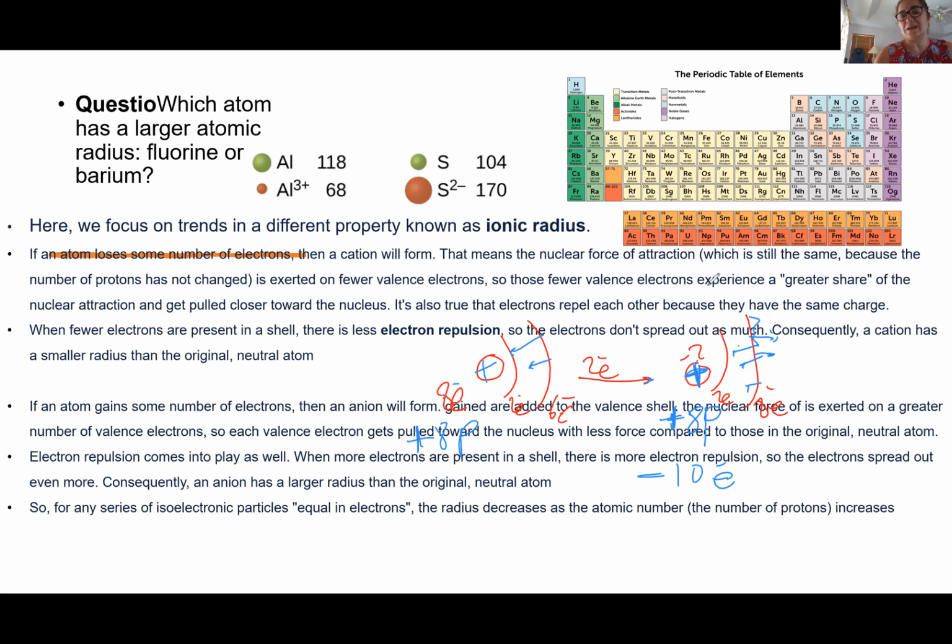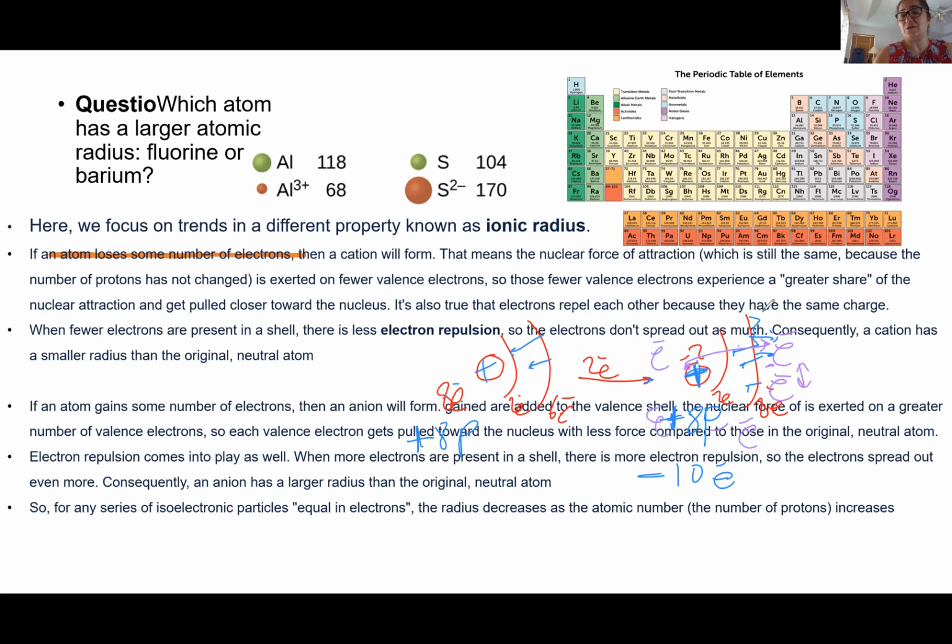Since the definition of radius is the center to the outermost shell, now the outermost shell has shifted out. Because the attraction from the nucleus is less, and the other problem is that you had 8 electrons before and now you have 10. These electrons don't like each other, so they repel each other, and as they repel, they try to get more distance from each other.